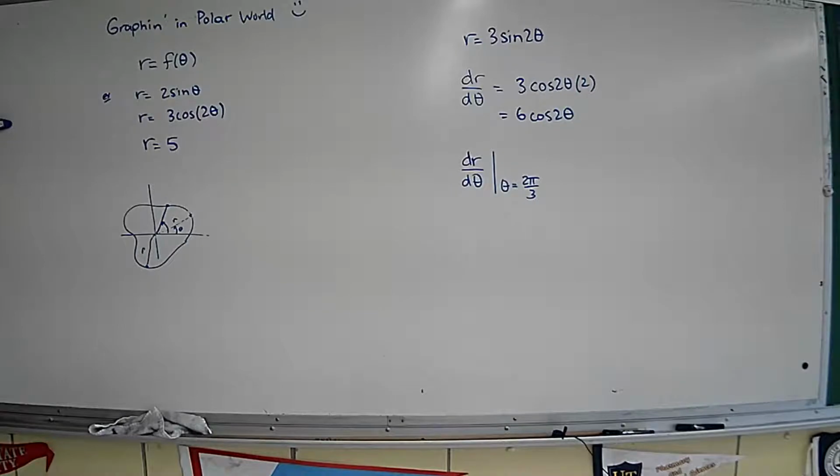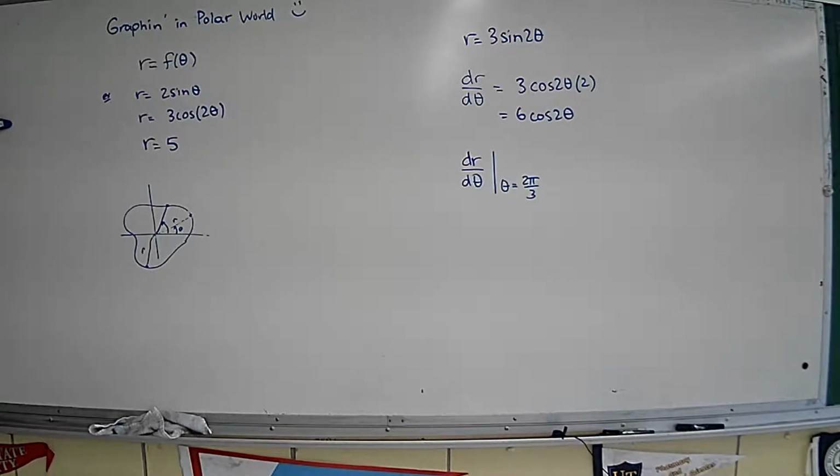So maybe we need to review something from first semester. If dr d theta is positive, r would be getting bigger as theta gets bigger. R would be increasing. If dr d theta is negative, then r would be decreasing as theta increases.